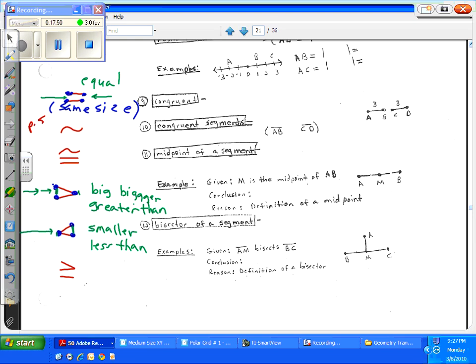Now, in the Algebra 1 textbook on page 57, we talked about similar triangles, and we said that similar triangles are triangles that are the same shape, and we gave it that little squiggly symbol. That is the symbol for similar, and similar means same shape.